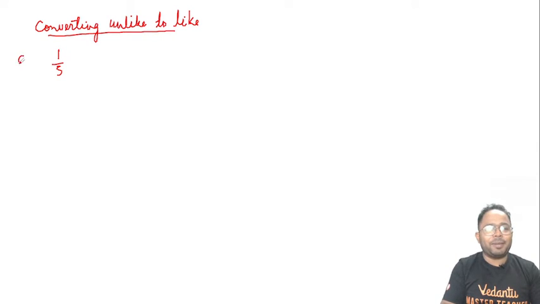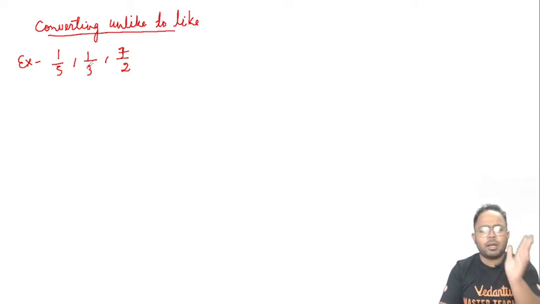Let's say example I am taking 1 by 5, 1 by let's say 3 and 1 by 2, or suppose let's say I am giving it as 7 by 2. Okay, अलग अलग हो सकता है, ऐसा नहीं कि यूनिट फ्रैक्शंस ही लेना है, it's not necessary. So suppose 1 by 5, 1 by 3, 7 by 2.